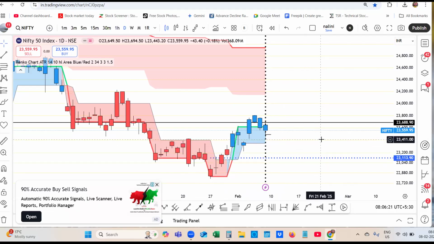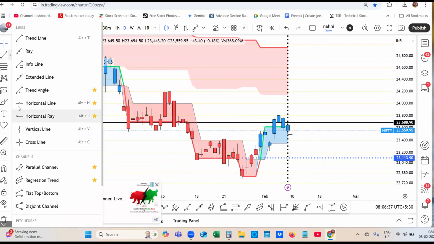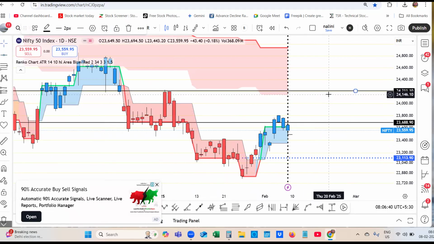A trader, an option seller who has sold the options below 23,000, can sit comfortably, and the threshold line is here. You can put a threshold here. The market has got a threshold at 24,211, and a call writer can sit comfortably unless the price pierces this threshold level.